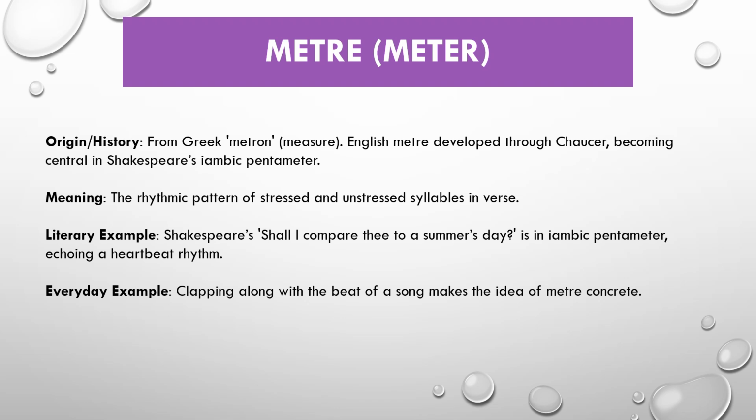Compare, two syllables: com unstressed, pare stressed. Thee unstressed, to stressed. A unstressed, summer stressed. Day, summer's day. So likewise, this is what gives that rhythmic pattern to the poetry.